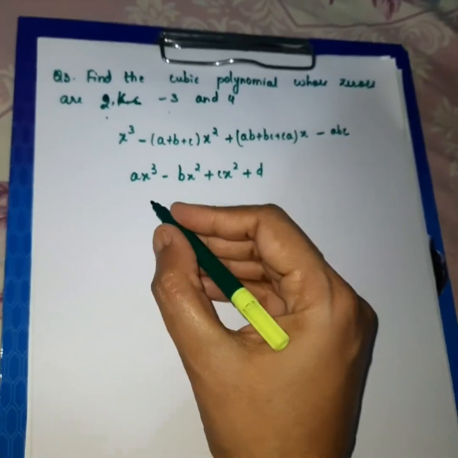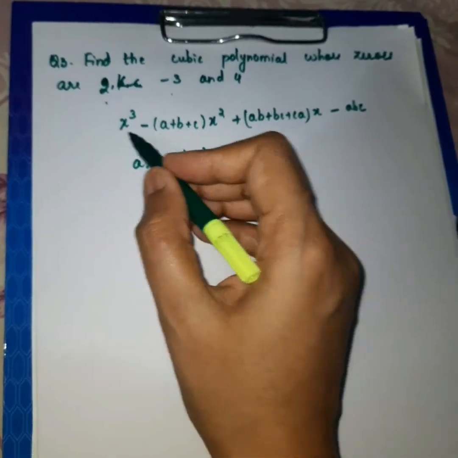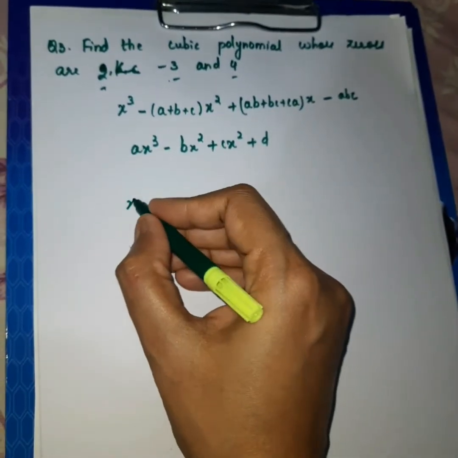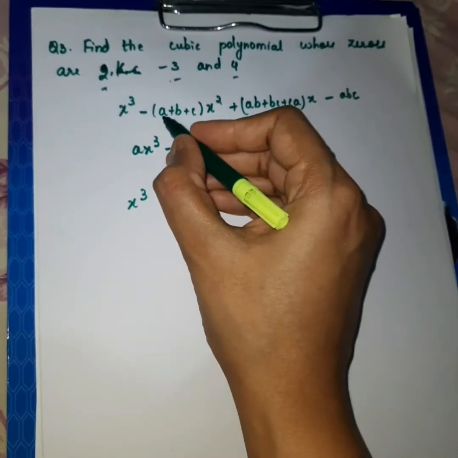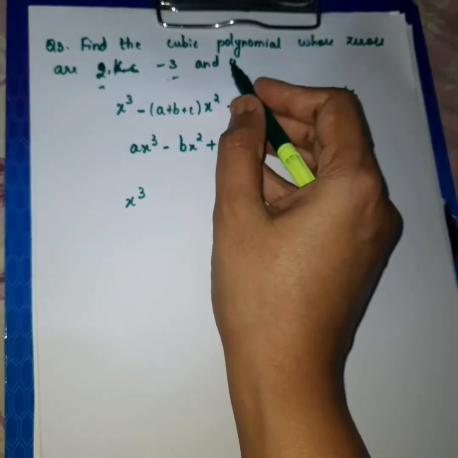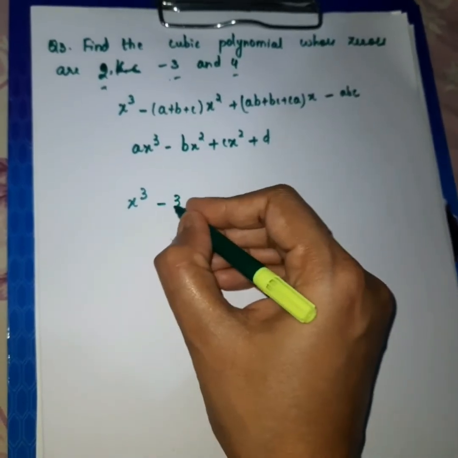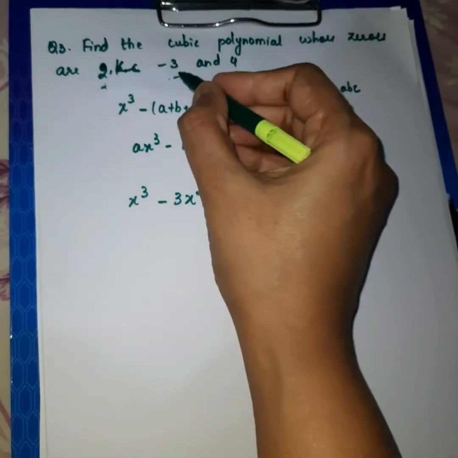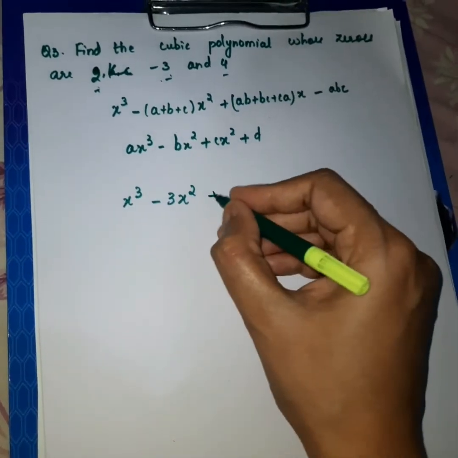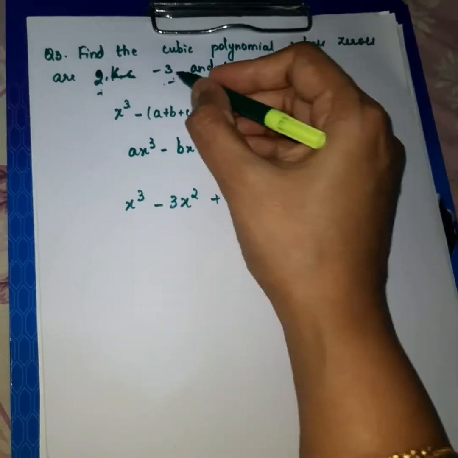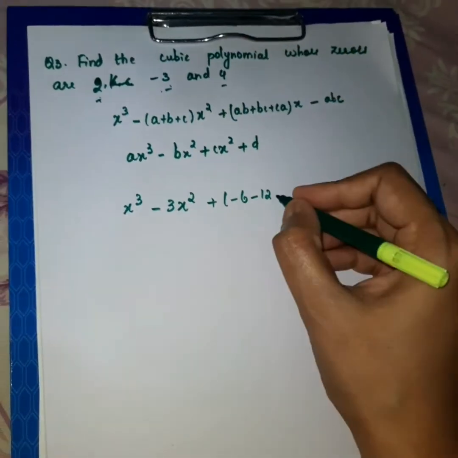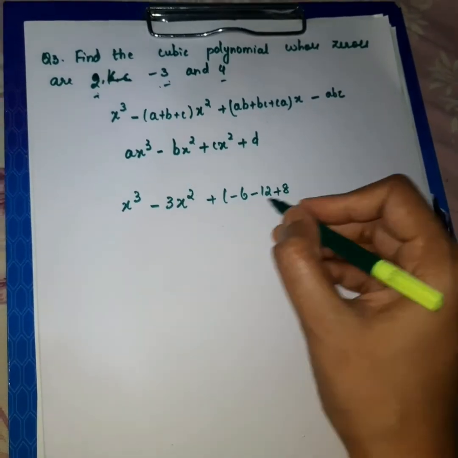So the value of a is 2 minus 3 plus 4. So that's going to be 3x squared, minus 6 for ab and bc is minus 12, ca is 8, into x.